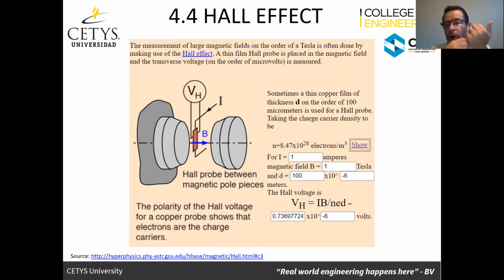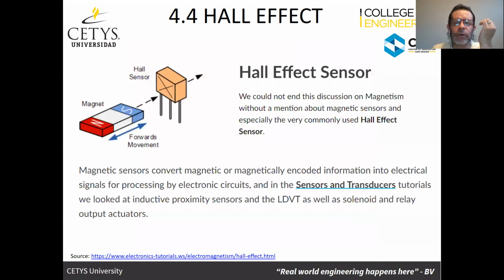There's something called the Hall effect sensor, which is usually used for magnetic switching, or to identify movement. These are the applications of these Hall effect sensors. I believe you researched a little bit about Hall effect applications a few weeks ago.